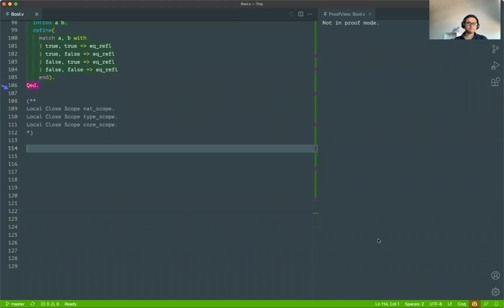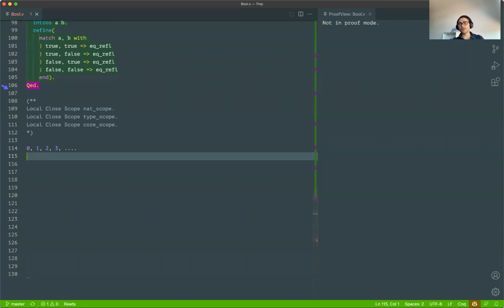Before we start, how to encode natural numbers? What is a natural number? A natural number is 0, 1, 2, 3, and so forth. And what are the operations on natural numbers? We can add them: 1 plus 1 is 2.